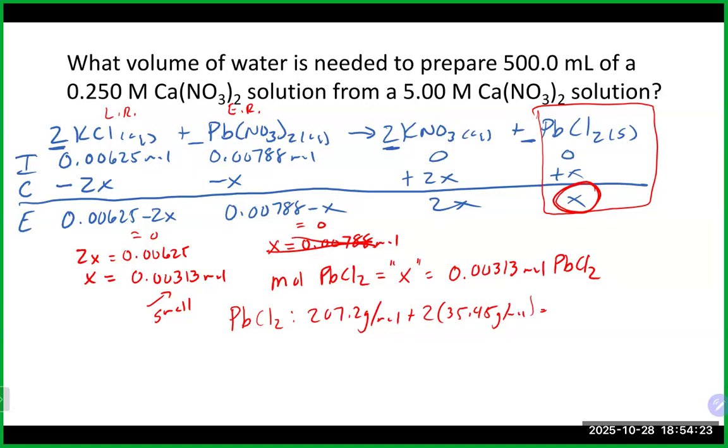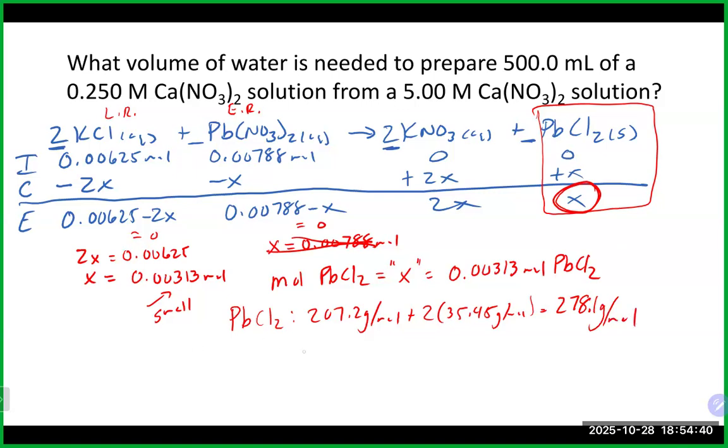By the way, that 0.00313 moles would be our theoretical yield in moles of our product in this case. Adding it up gives a molar mass of about 278.1 grams per mole for our product. We will use that as our conversion factor.